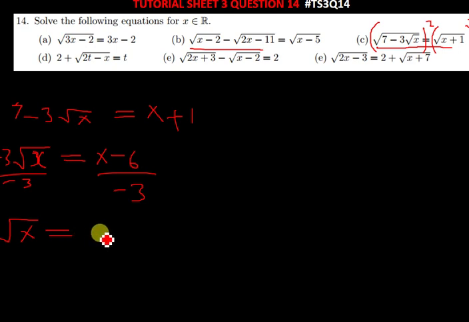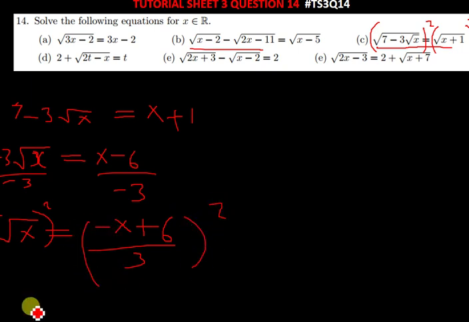then you're going to have something like negative x plus 6 over 3. So you square both sides again in order to get rid of the square root.